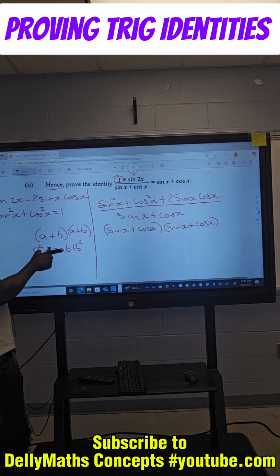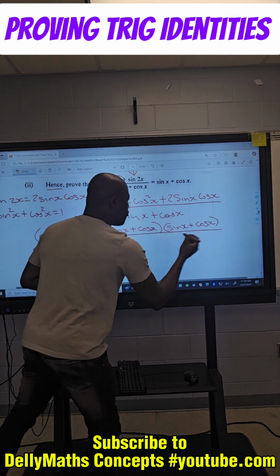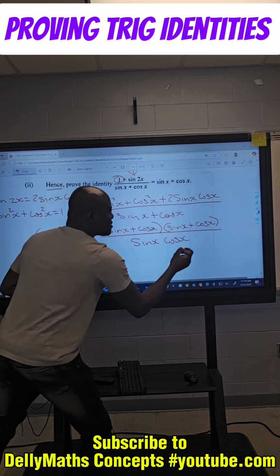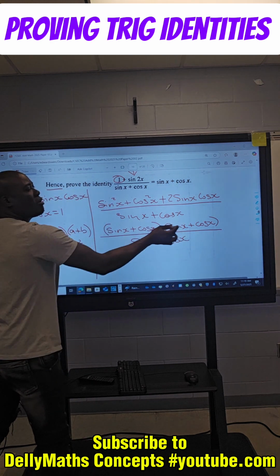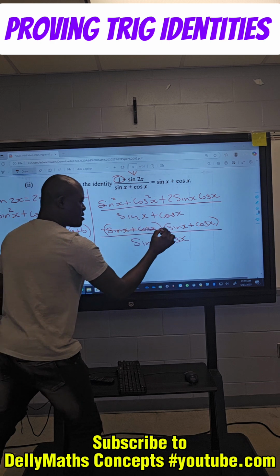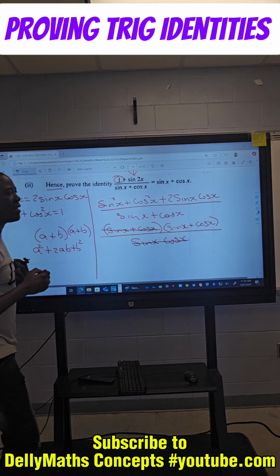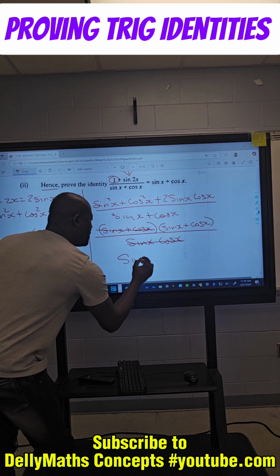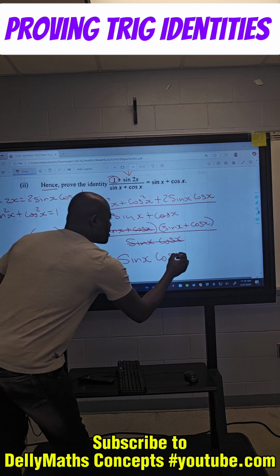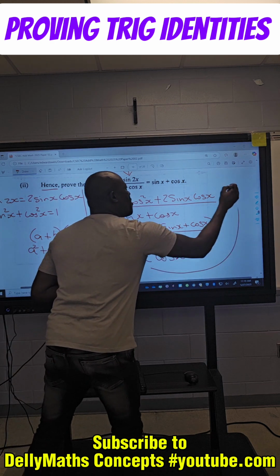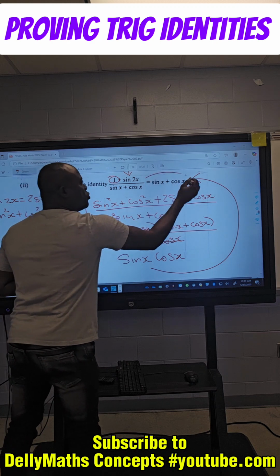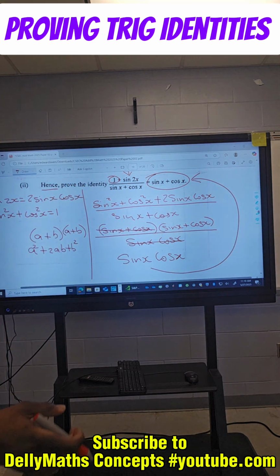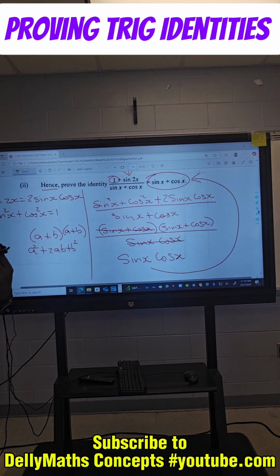And this is over sine x plus cos x. Because the numerator is a product, I could cancel one of these with the one at the bottom. Then I am only left with sine x plus cos x, which is what they asked us to prove on my right hand side. So we were able to prove that identity.